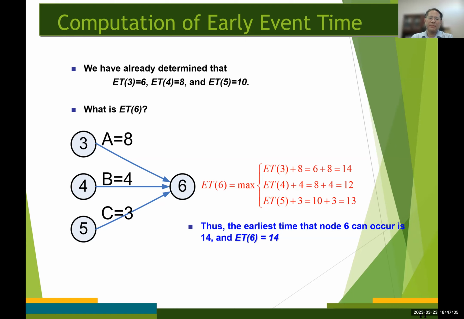So we observed that the earliest time for event number 6 is when all of these 3 activities, A, B, and C, have been completed, right? So we take the maximum value among these 3 different values, right? As a result, the earliest time for event number 6 becomes 14, okay?